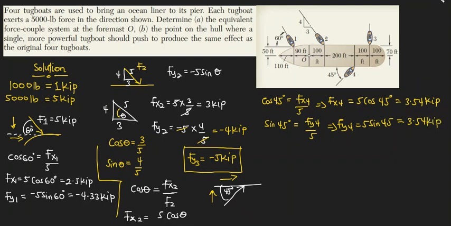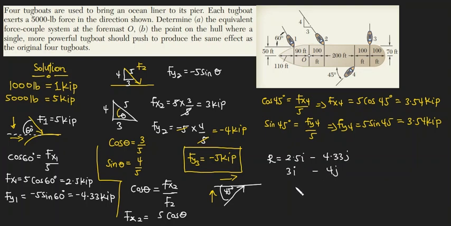Okay, so now to find the resultant force, you must just sum up the components of the forces. So let's look at that. For the resultant force, you are going to have 2.5 i minus 4.33 j, then plus the component of the second force, we're going to have 3 i minus 4 j.